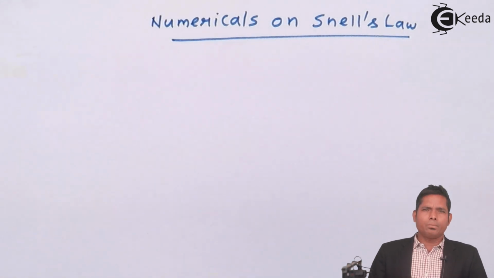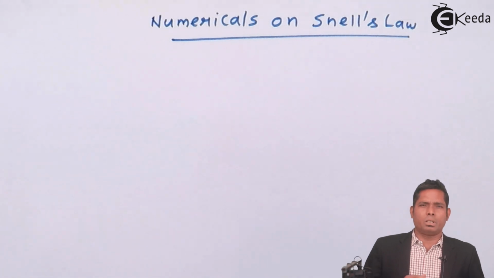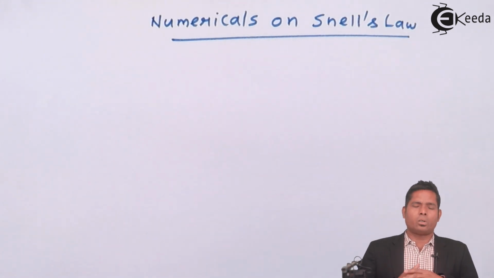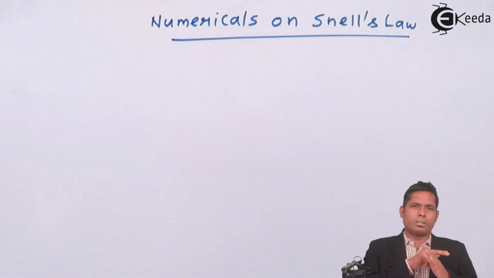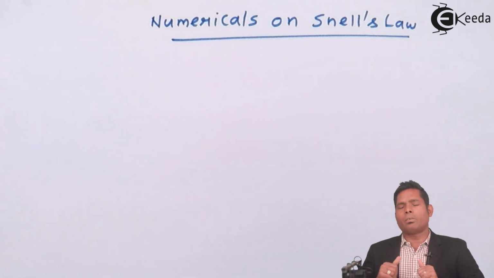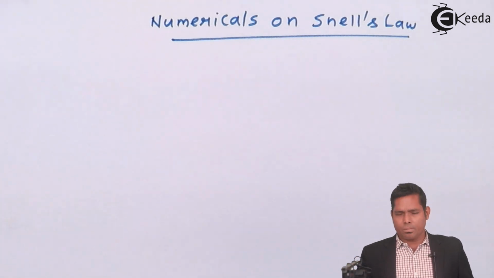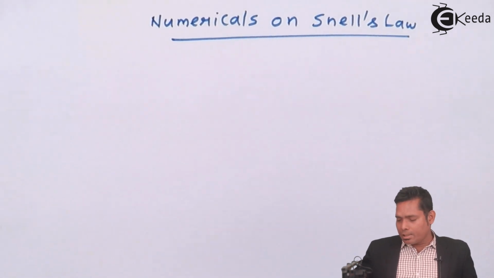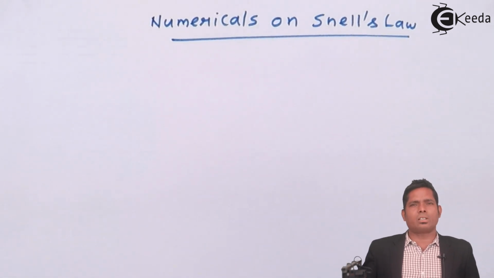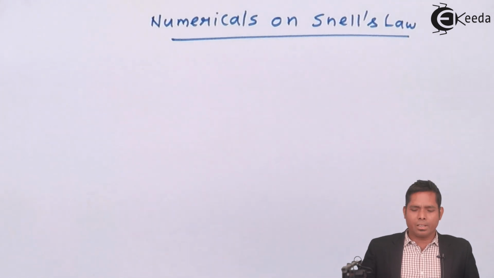In the case of a prism, we have seen that when ray undergoes minimum deviation, then it undergoes refraction at two faces of the prism. First face is where the ray strikes, and the second one when the ray comes out of the prism. So in these two cases, these two phases, we can apply Snell's law. So whenever there is a refraction taking place, we can always apply Snell's law.